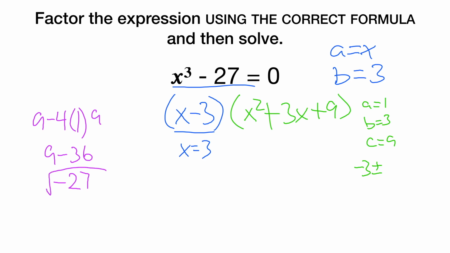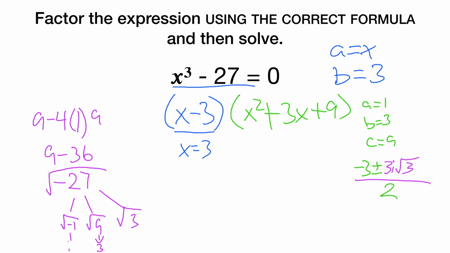So let's see, the square root of negative 27, well, I already know that is the square root of negative 1, which is i, times the square root of 9 times the square root of 3. So this becomes 3, and this stays square root of 3. So this becomes negative 3 plus or minus 3i square roots of 3 all over, since a is 1, that means all over 2. So can I simplify this at all?